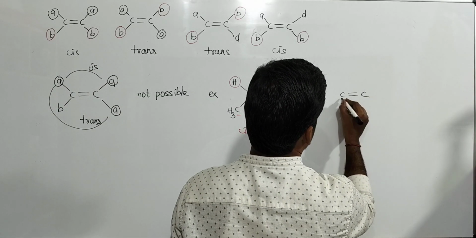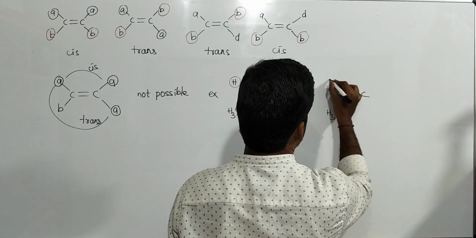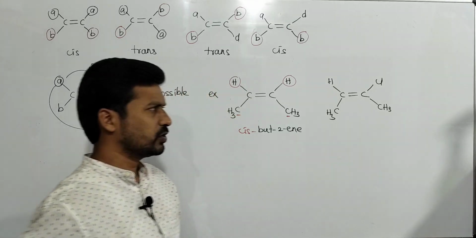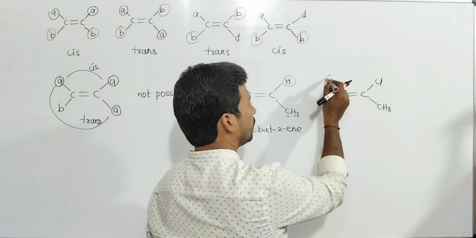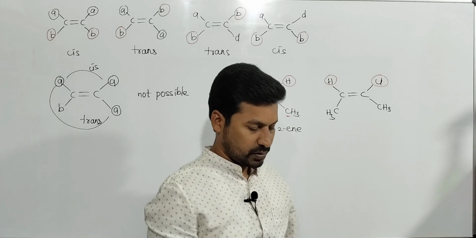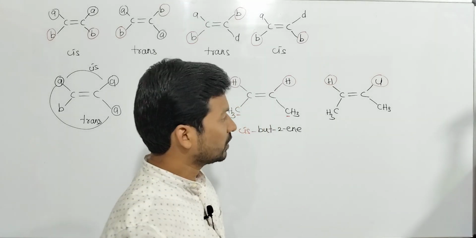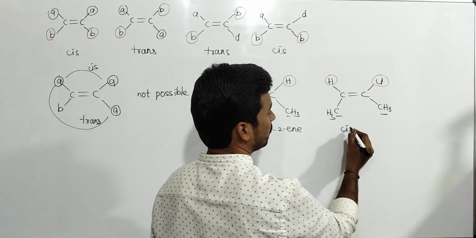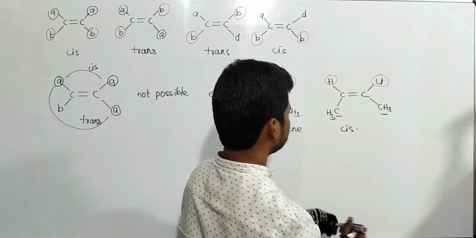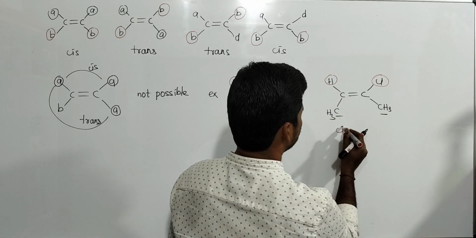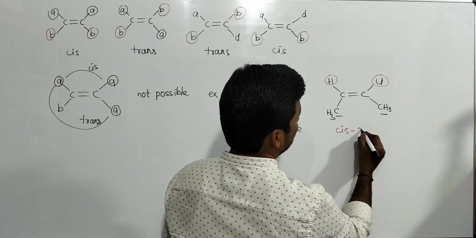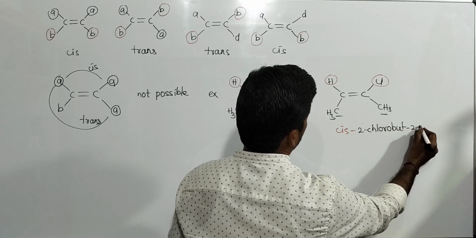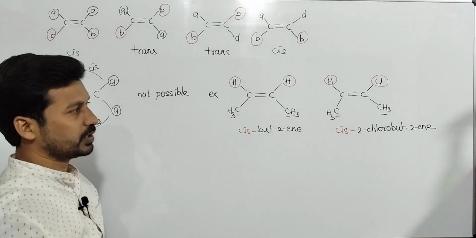If you take this one, here is hydrogen, the other is chlorine. Is geometrical isomerism possible or not? Here, two are different groups. Yes, it is possible. With respect to the methyl group, similar groups on the same side, cis. This is also cis, 2-chloro-butadiene. Thus geometrical isomerism is possible.